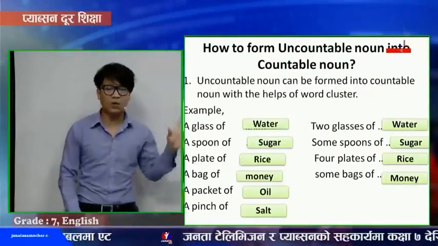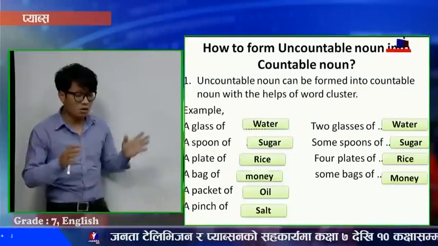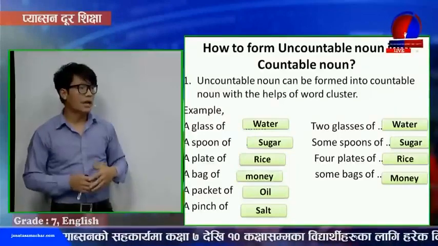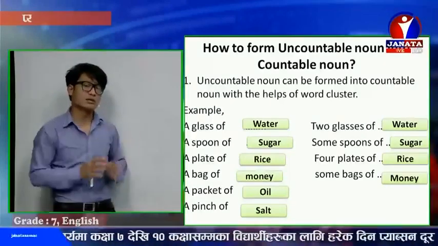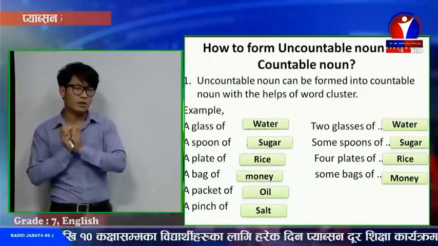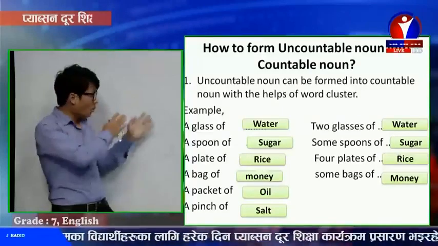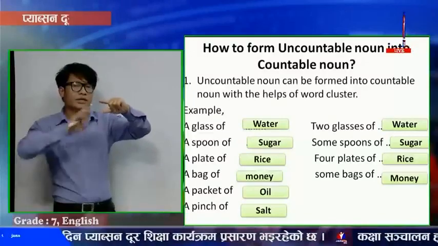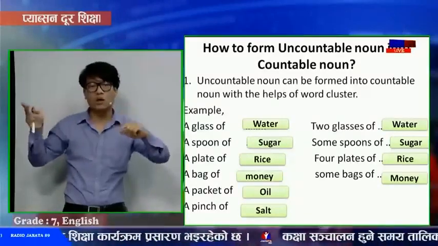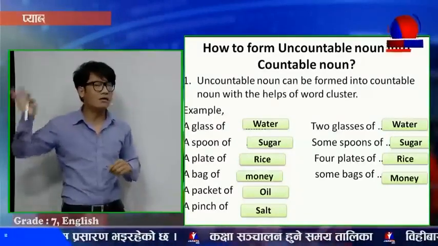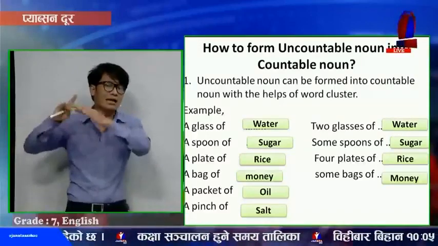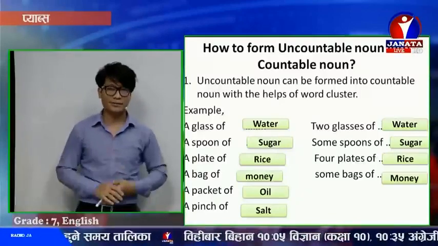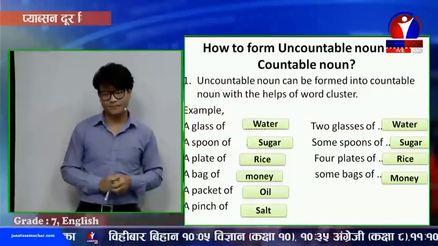So these are the ways we use word clusters with uncountable nouns, and with their help we can make plurals. Like I have shown you in the slide, a glass of water can be changed into two glasses of water or some glasses of water, or you can add a larger number like 3, 4, 5 glasses of water. This is how we use it.